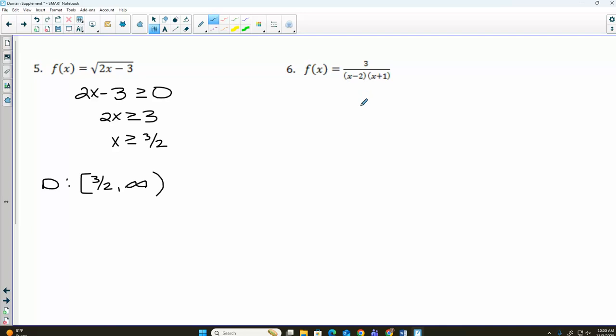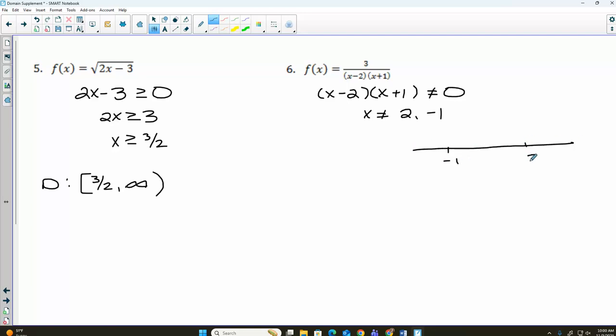Number 6, it's a fraction. If we have a fraction, what can't happen? So this can't be 0. What makes that equal 0? So it can't be either. Can't have a positive 2 or a negative 1. The interval notation gets a little bit more cumbersome here.